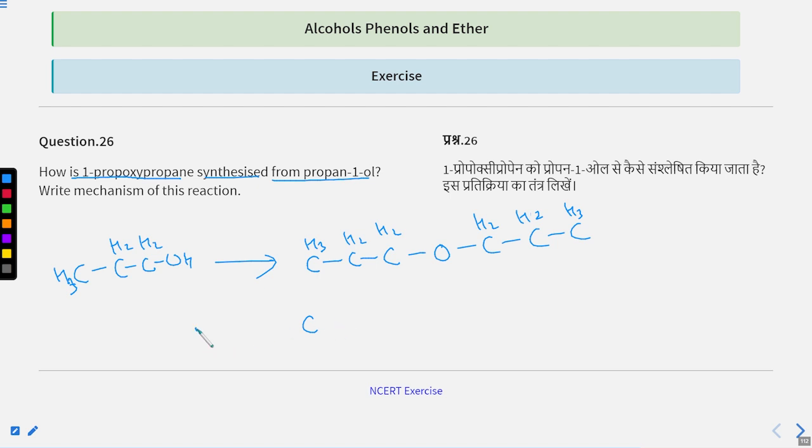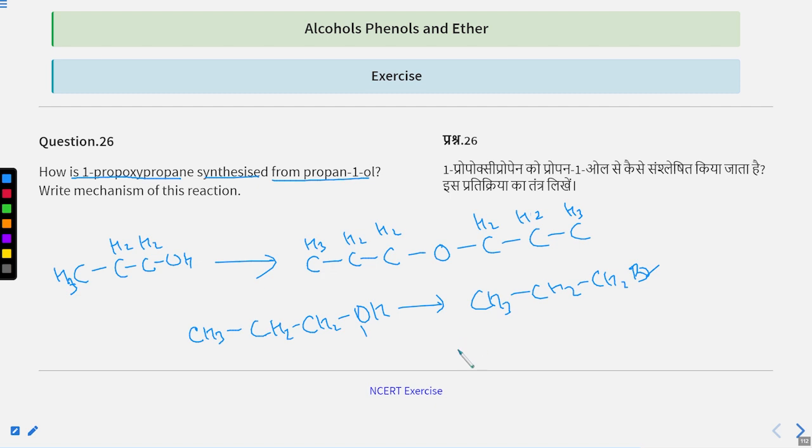So if you have to convert CH3CH2CH2OH into CH3CH2CH2Br, how can we convert it? We have to do this, right?